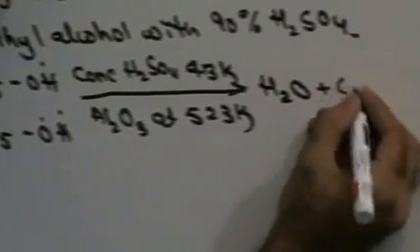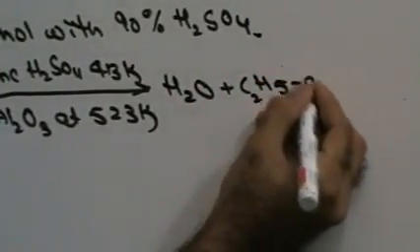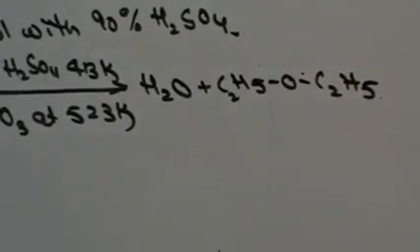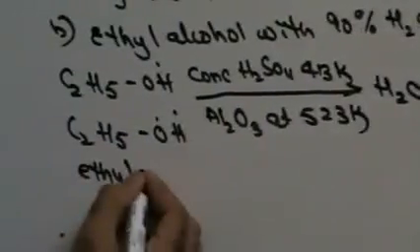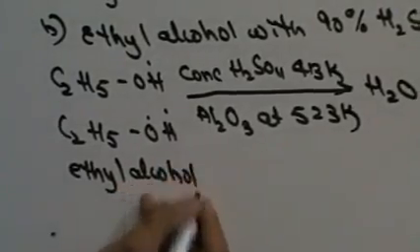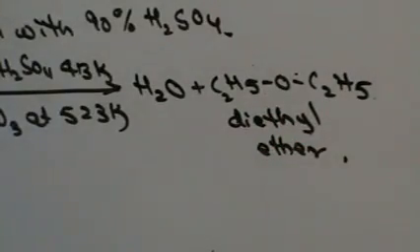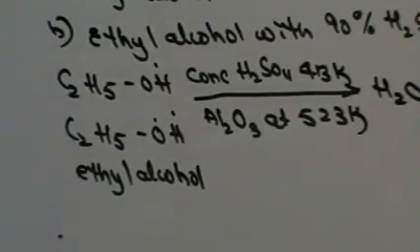That will give you C2H5OC2H5, right? This is ethyl alcohol and this is diethyl ether. Fine. That is how you do intermolecular dehydration.